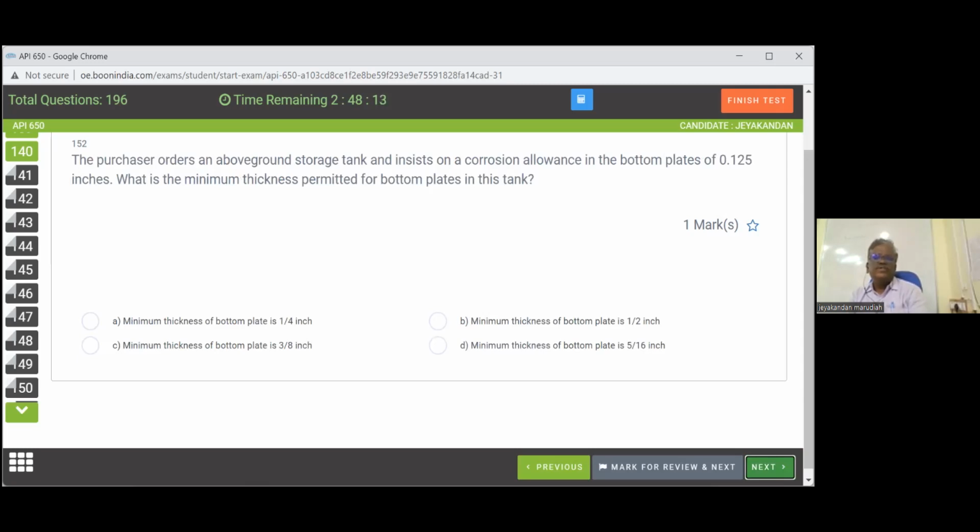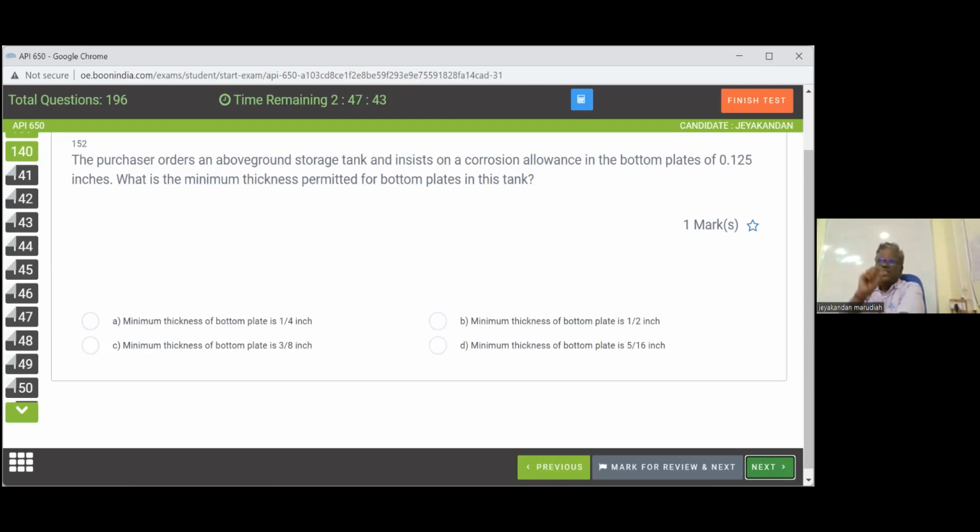For an above ground storage tank with a corrosion allowance to the bottom plate of 0.125 inch, what is the minimum thickness? Tell me how to answer this question. See, what is the minimum thickness permitted for a bottom plate? 0.25, quarter inch.